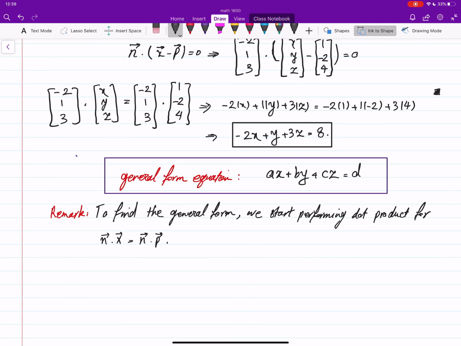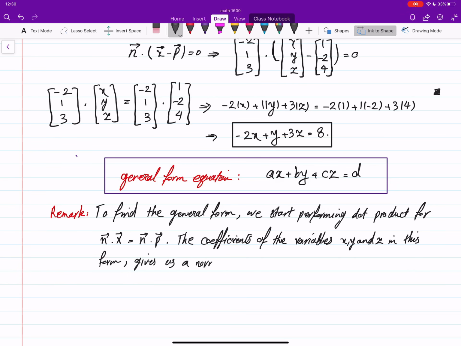Also, the coefficients of the variables x, y, and z in this form give us a normal vector.